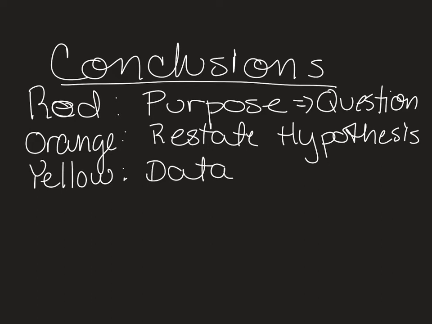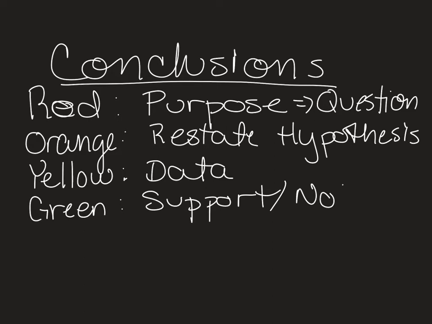You're going to want to refer back to your data table and or graph if you made one. Your green, this is where you state whether your data supports or does not support your hypothesis and why. Okay, don't just say that my data does not support it or my data does support it. Make sure you give me your why.